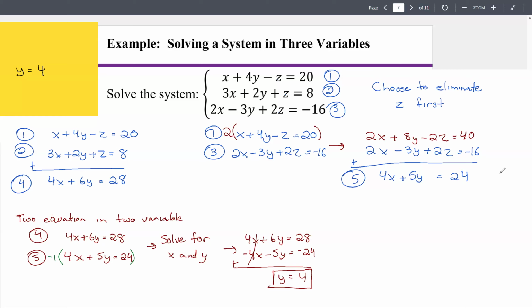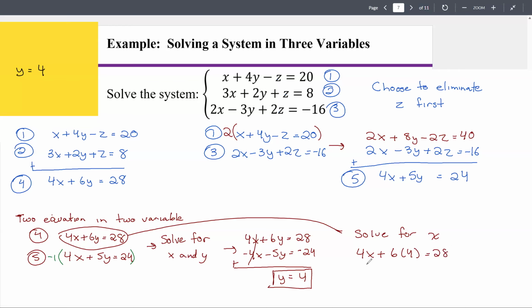Now that we have y, all we have to do is go back, and let's say we pick equation 4, and solve for x now. So 4x plus 6 times y, and y is 4, so 6 times 4 is 24, is going to be 4x plus 24 equals 28.